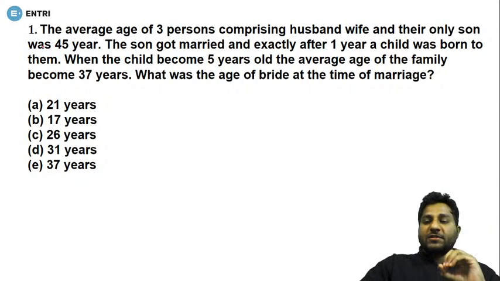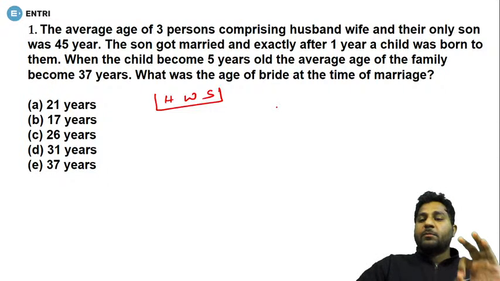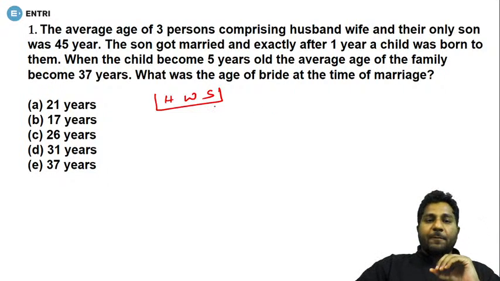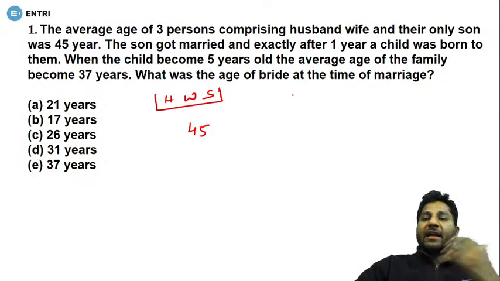The first question says that the average age of 3 persons comprising husband, wife, and their only son, so that means 3 members in the family, was 45. The son got married, and exactly after 1 year a child was born.